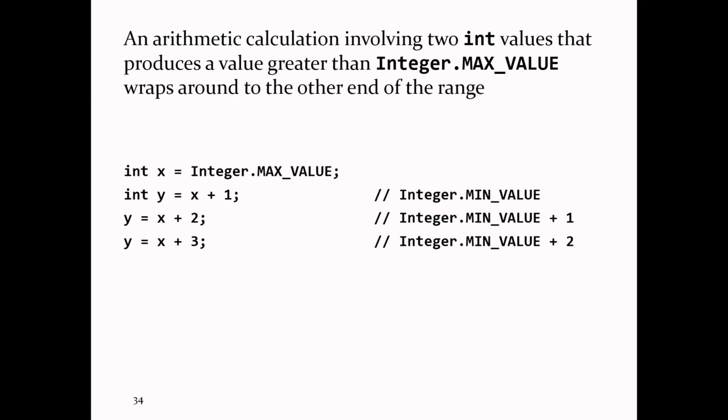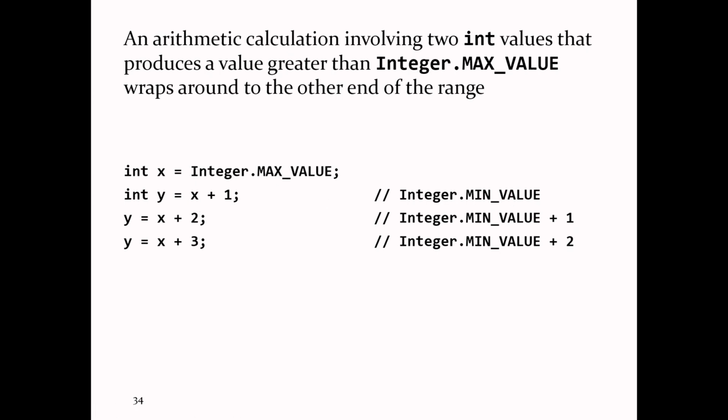So if I start at integer max value and add 1 to that, I can't represent that number in int. But here, x is an int, 1's an int. Java compiler says, all right, we're doing int arithmetic. That's integer max value plus 1. Can't represent that value, so it wraps around and goes to integer min value.